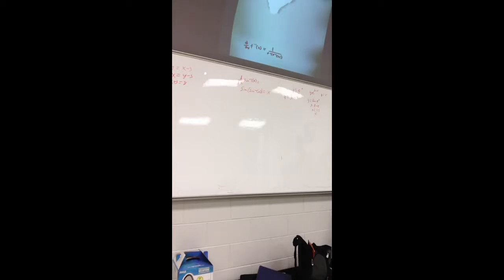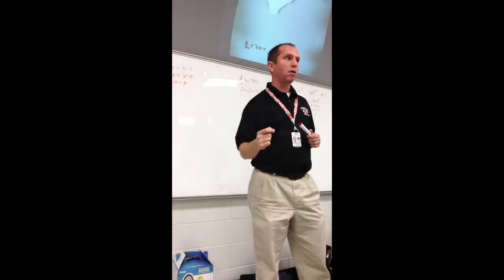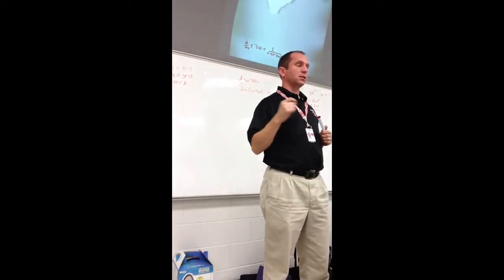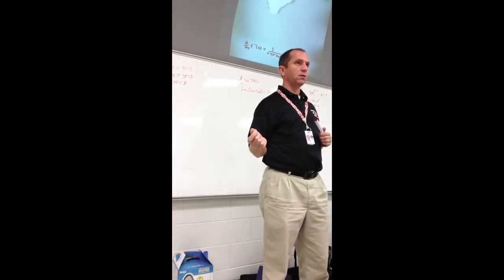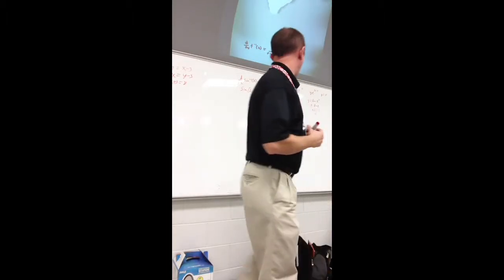Alright, now I want to take the derivative. Now this is going to make a little bit more sense than what the proof showed here. If you're taking the derivative of the sine of an angle, what is its derivative? The cosine of that angle, right?